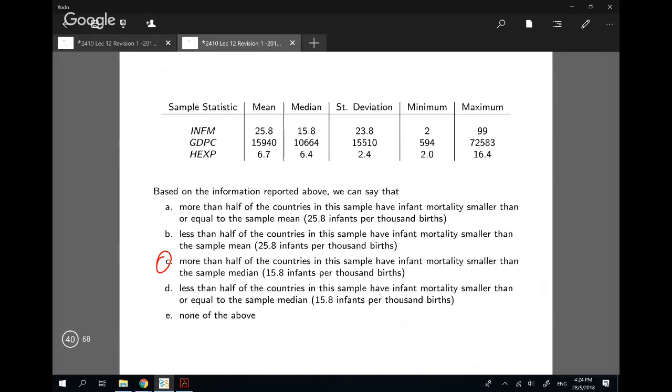Okay, let's look at it again. The median should have exactly half above and exactly half below, right? Look at this carefully.